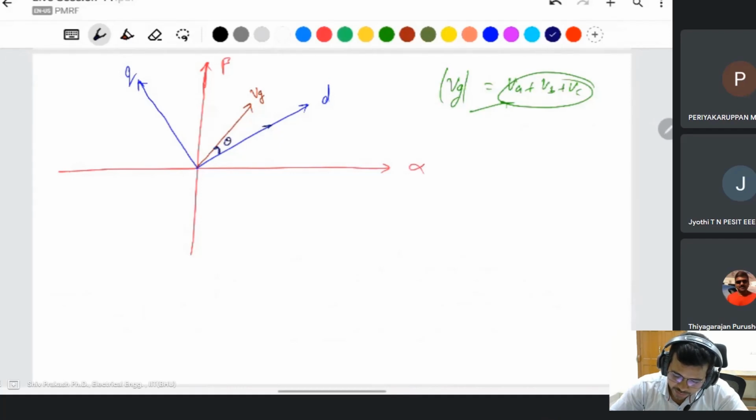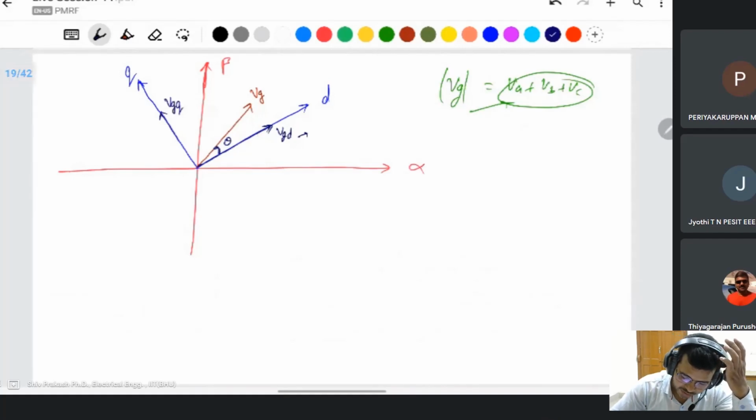Then there is some VGDQ, VGD, and here is also VGQ. This is the D axis.